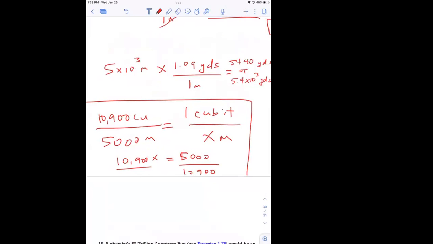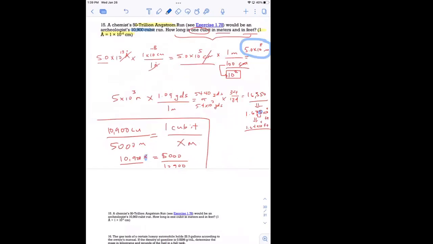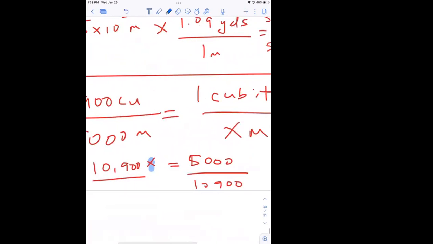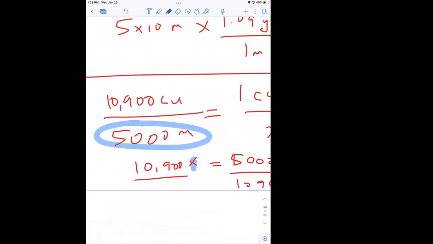Looks like it's going to be something like 0.5, close to half. And that'll help us to solve for that X. So it's that many meters in a cubit. And then we could also do the same thing with the feet that we found, because we found that it was 1.64 times 10 to the 4 feet. So we'll just replace this bottom number with that number for feet, and then we find out how many feet are in 1 cubit.